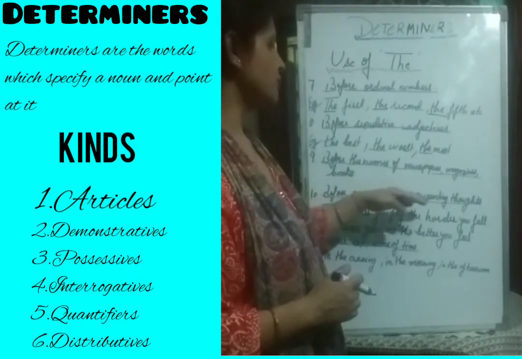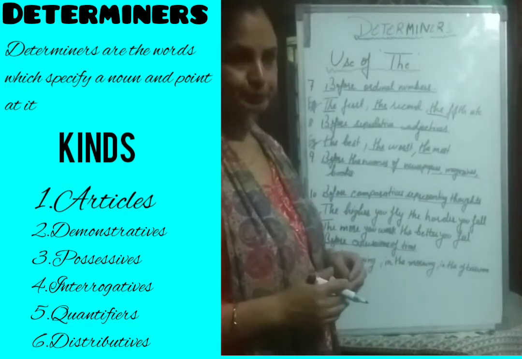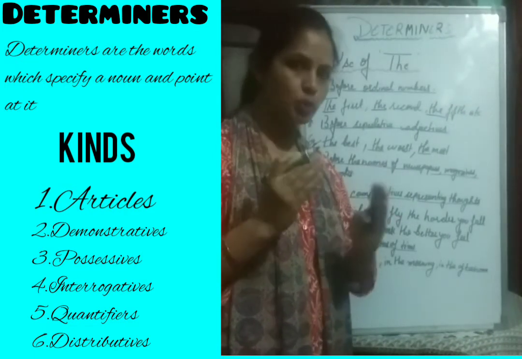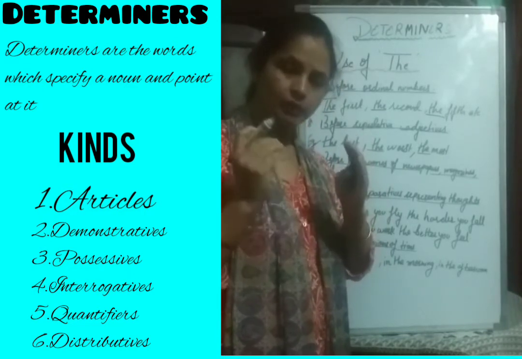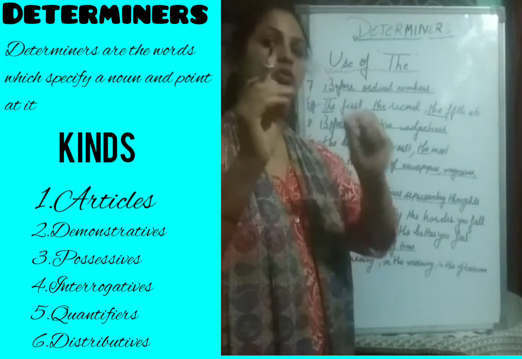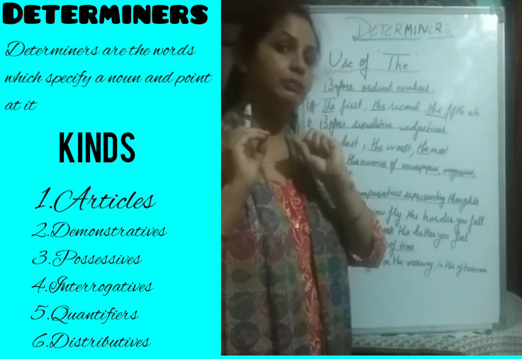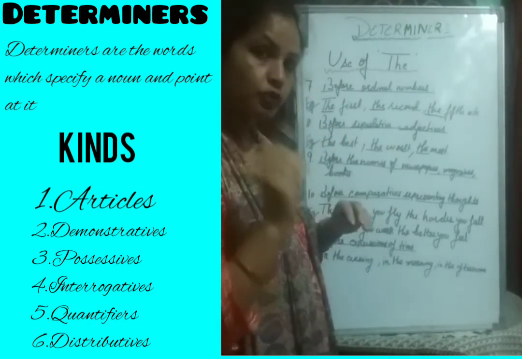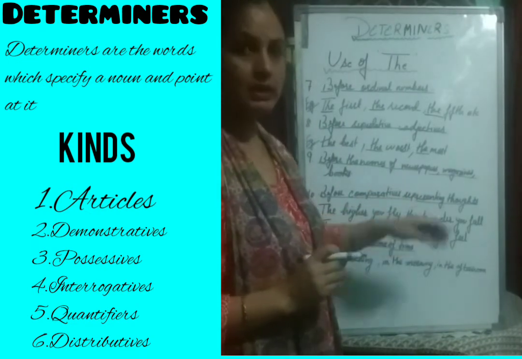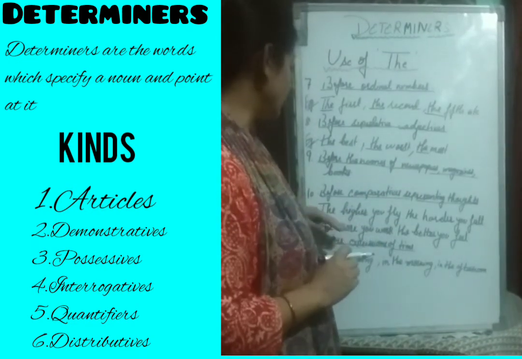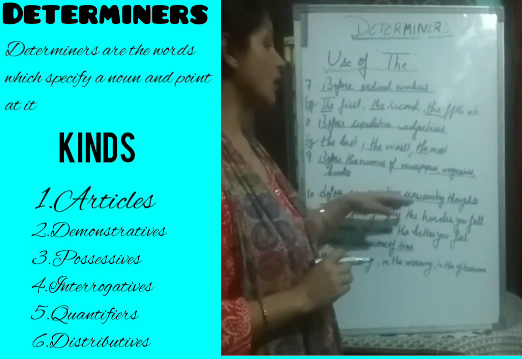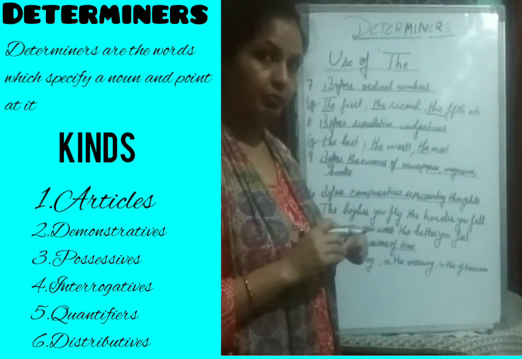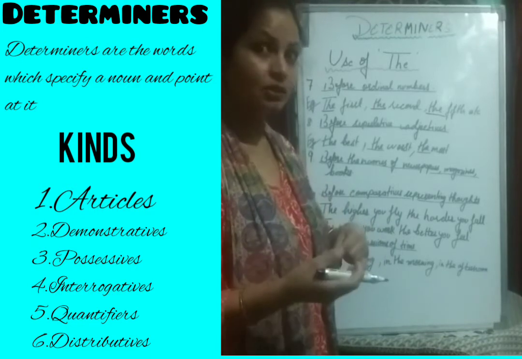Before comparatives representing thoughts. Now we use "the" before superlatives, but here there is one condition: we have to use the article before comparatives because they represent thoughts. Like, the higher you fly, the harder you fall. Here we are comparing, but they are representing thoughts.